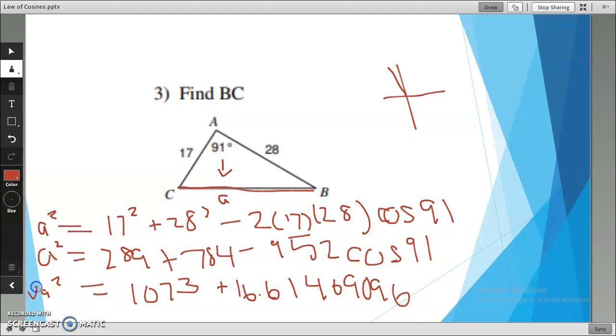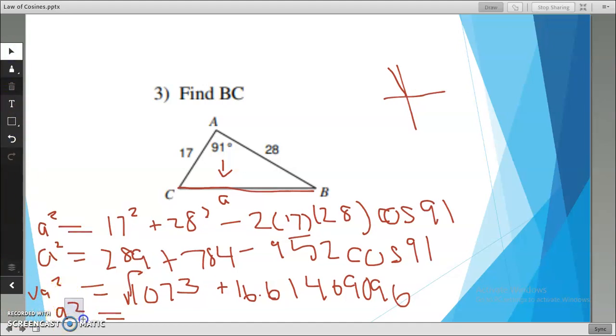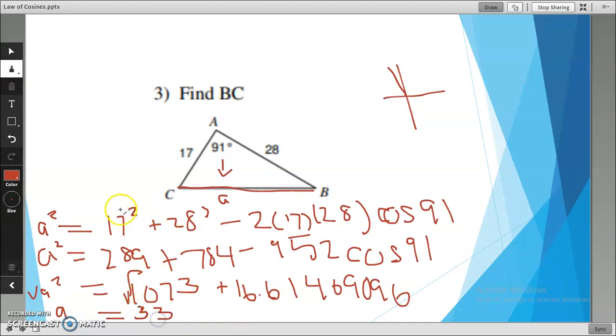Take the square root. Oh, gotta add it first. I apologize. Let me add this together first. Actually I don't know what it is when I add it. I didn't add it on my paper, but I did take the square root. So pretend like I added it, and I'm going to take the square root. And when I did, I got 33. And I hope that this helps.